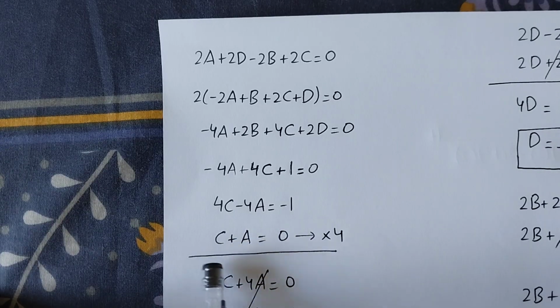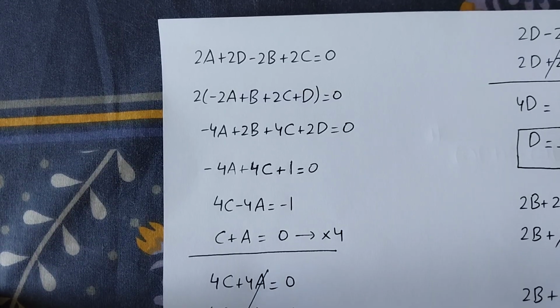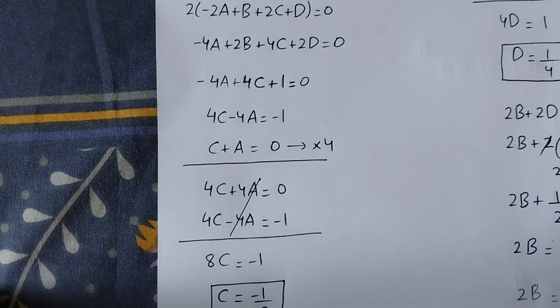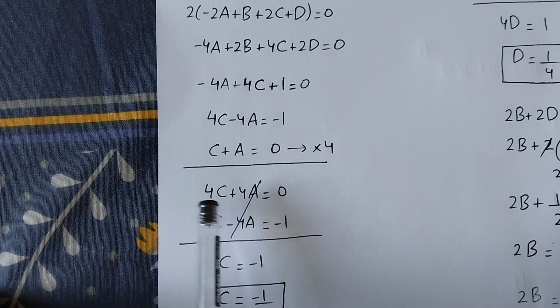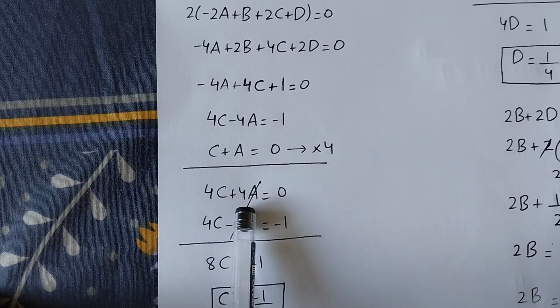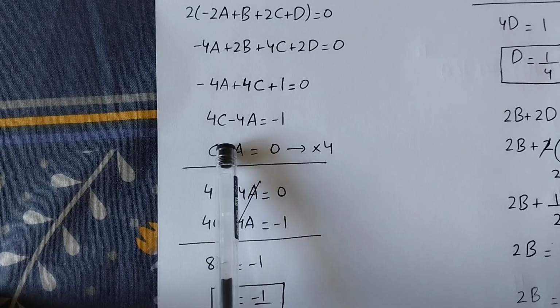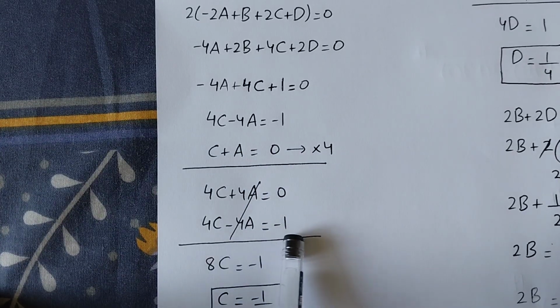It will become 4c plus 4a. When I multiply this equation with 4, I get 4c plus 4a equal to 0. And the other equation is 4c minus 4a equal to minus 1.